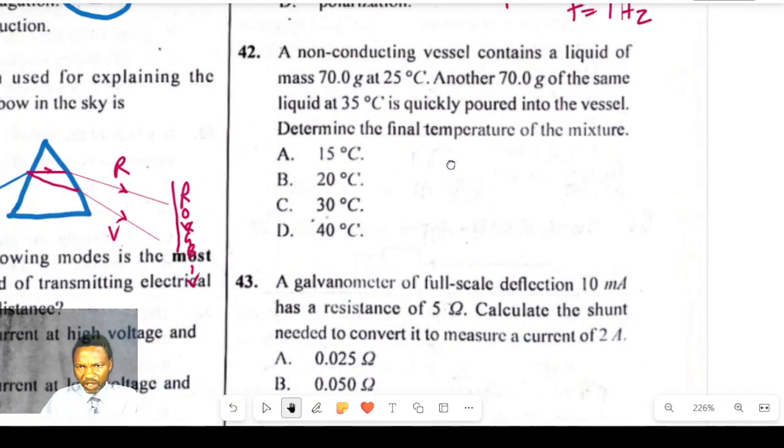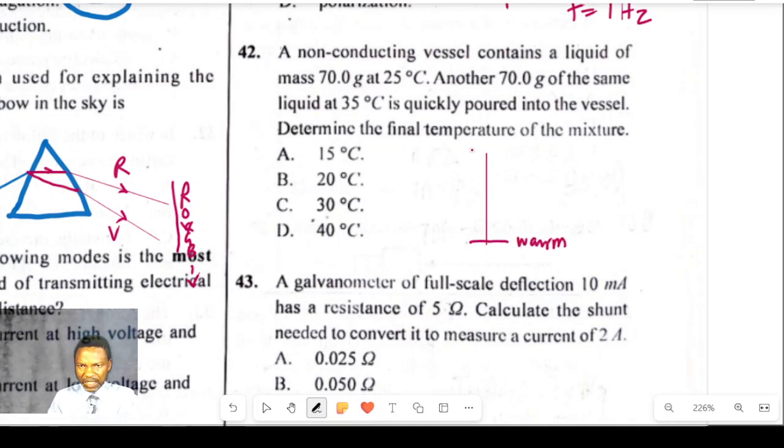A non-conducting vessel, that means maybe a plastic container. You put in hot water and cold water, then you mix them. This question is actually a giveaway. The answer is the temperature in between. So you have warm water and here you have hot water.